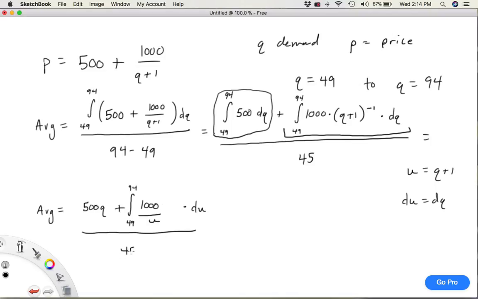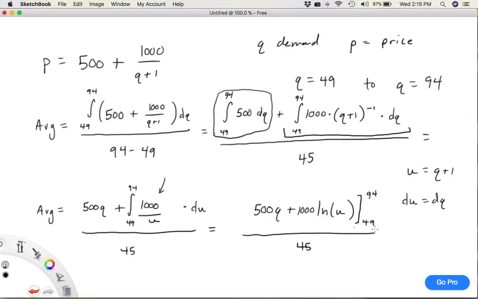Still over 45. Okay, the reason I left it like that is because this integral is equal to 1,000 times the natural log of u. So now we have 500q plus 1,000 ln of u, all evaluated from 49 to 94, and then dividing by 45.